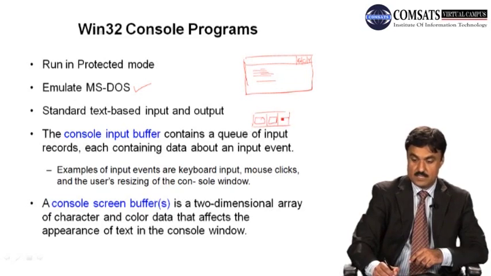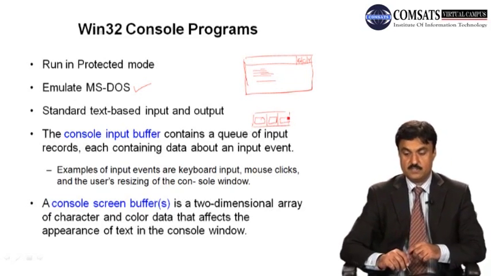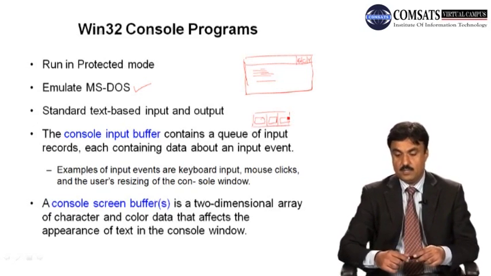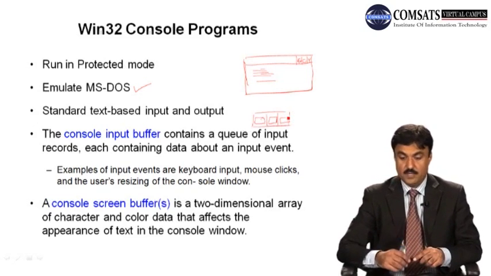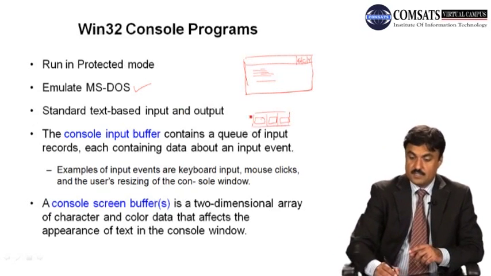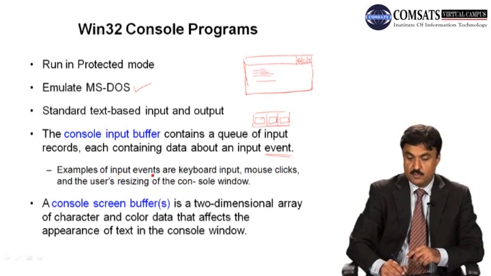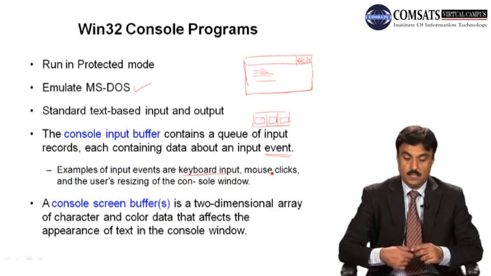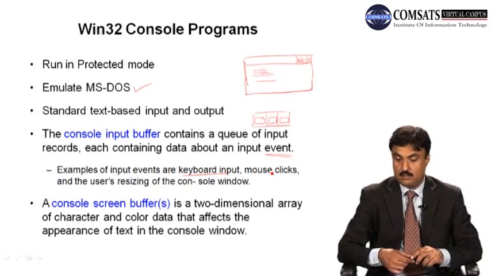There is an area in memory that holds this data temporarily, and we can read it from there. Examples of input events are keyboard input, mouse clicks, and the user resizing the console window.